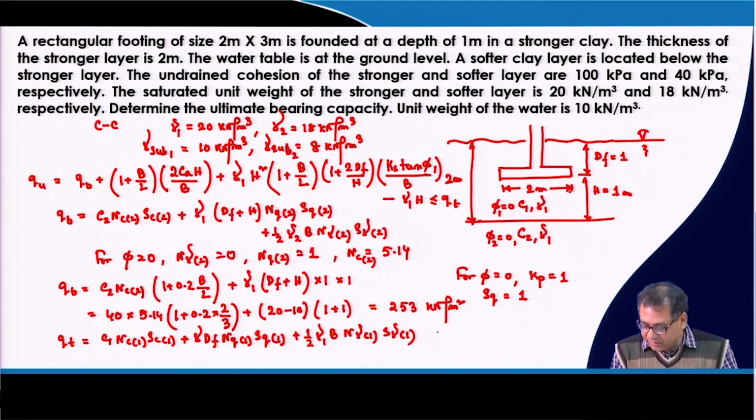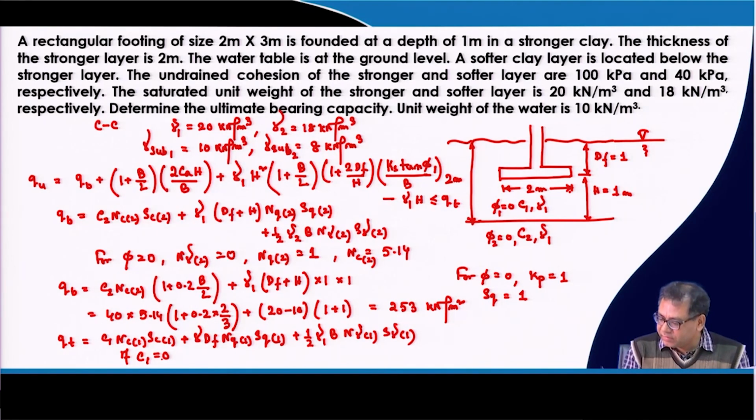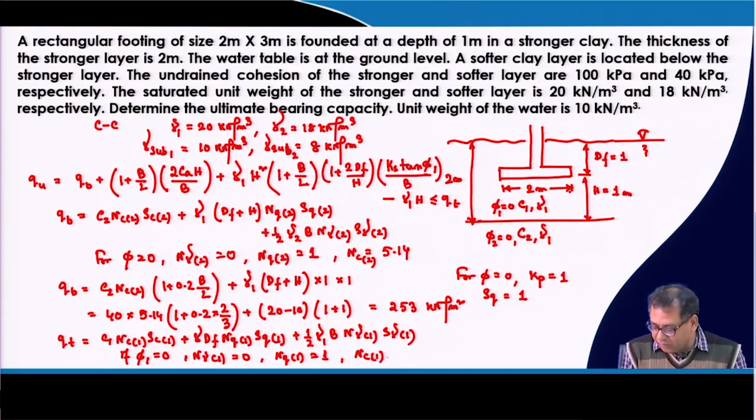But in the top layer, phi 1 equal to 0, so again these conditions will be applied: N gamma 1 will be 0, NQ1 will be 1 and NC1 will be 5.14. Okay.